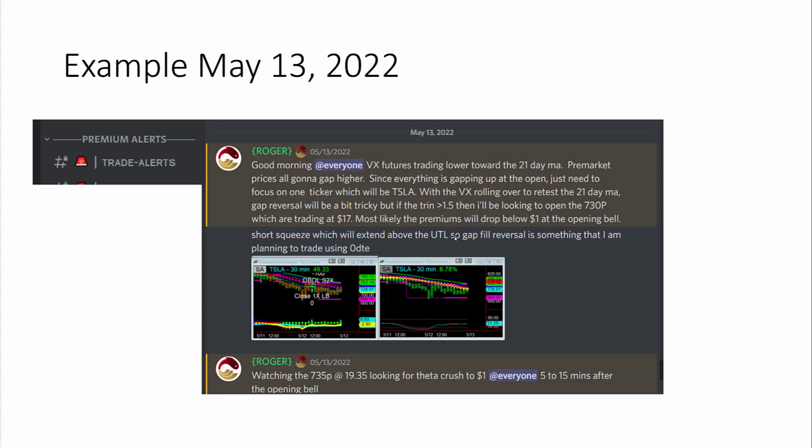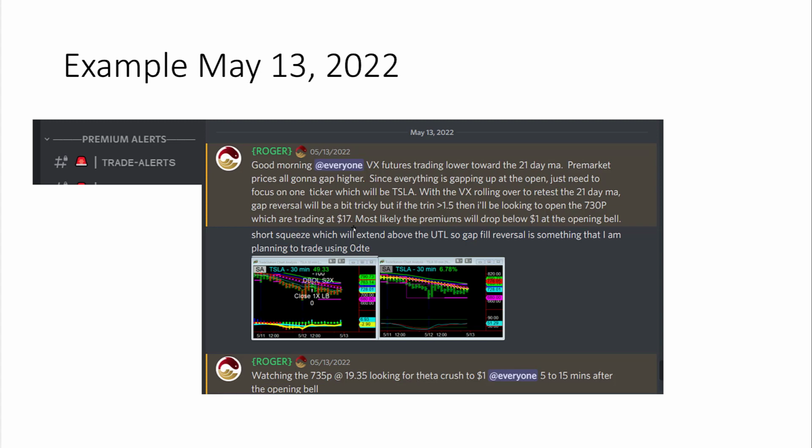But I think the trend was less than 1.5. I didn't type it in here, but with the VIX rolling over to retest the 21-day moving average, a gap reversal will be a little bit tricky. But if the trend is greater, then I'll be looking to open up the 730 puts, which were trading at $17 at that time.